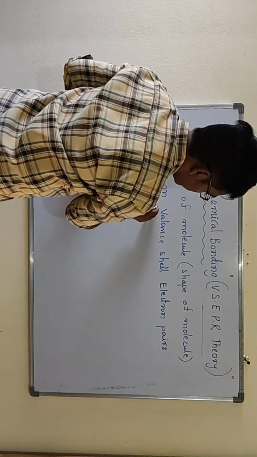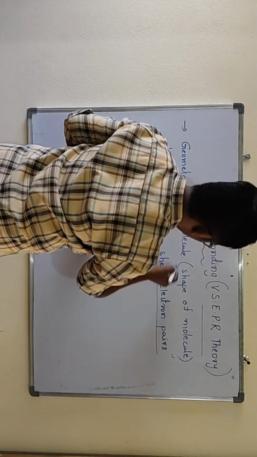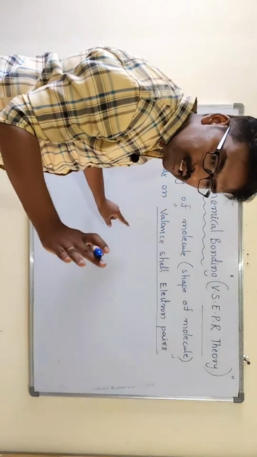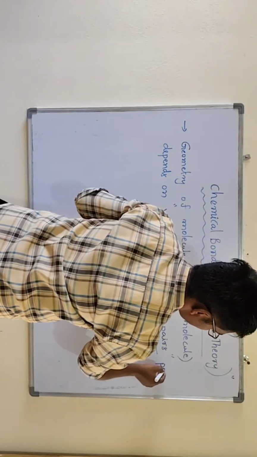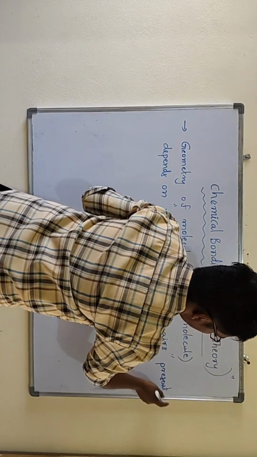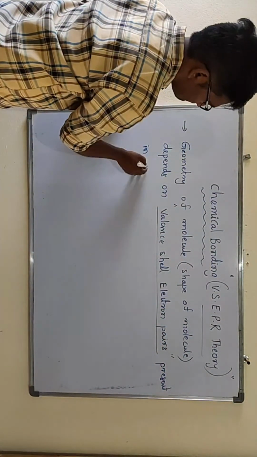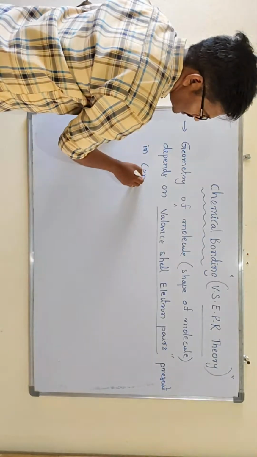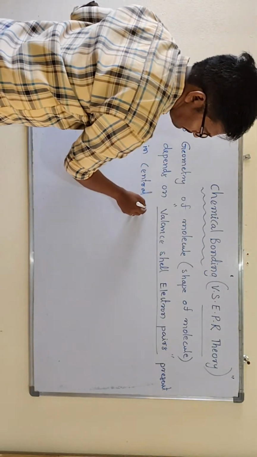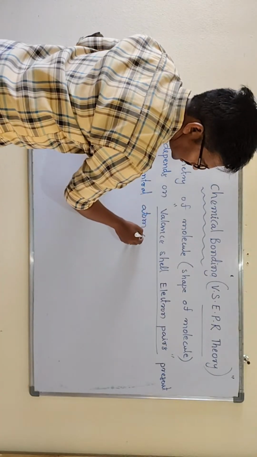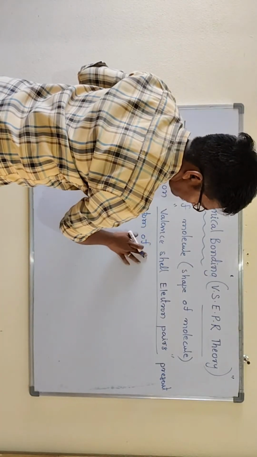Valence shell electron pairs, remember, it's very, very important. Valence shell electron pairs present in the central atom of molecule.